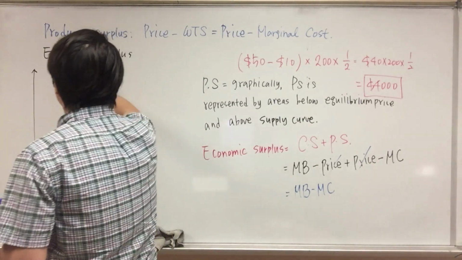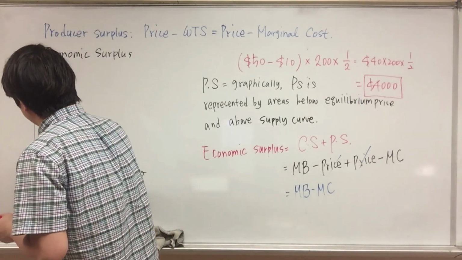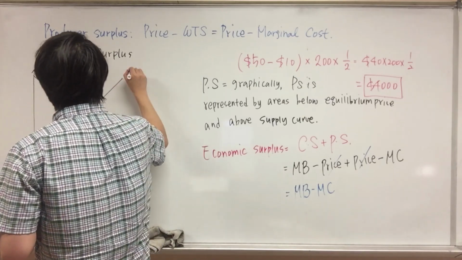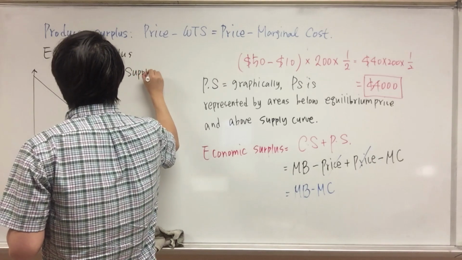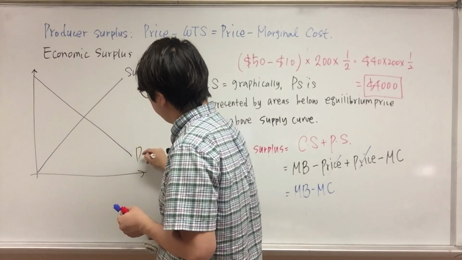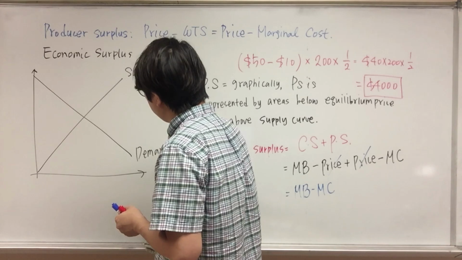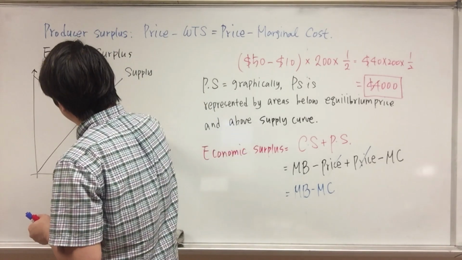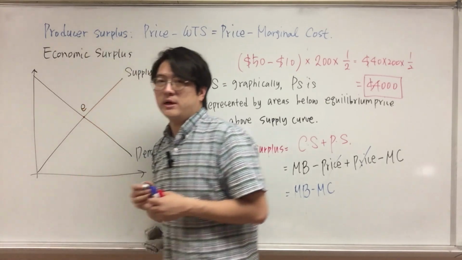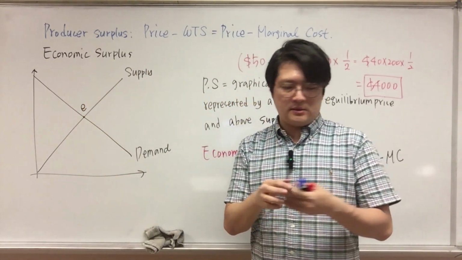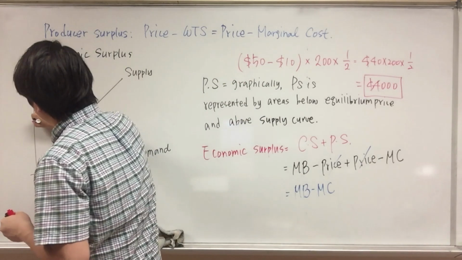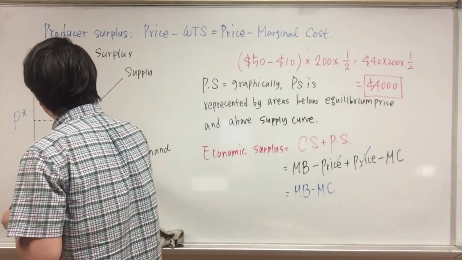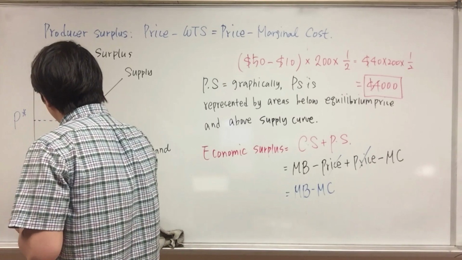Okay, so if we think about it graphically, economic surplus is the sum of producer surplus and consumer surplus. So here is a demand curve, here is a supply curve. This point where the supply and demand curves meet each other is the equilibrium price and equilibrium quantity, P star and Q star.